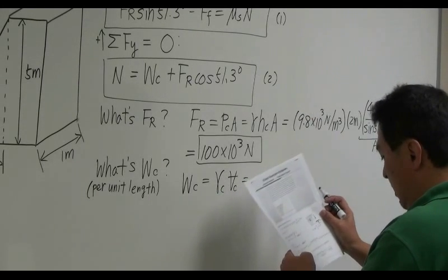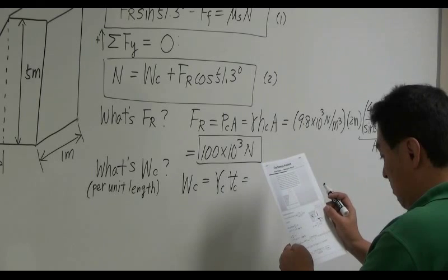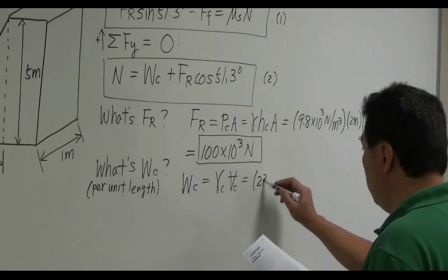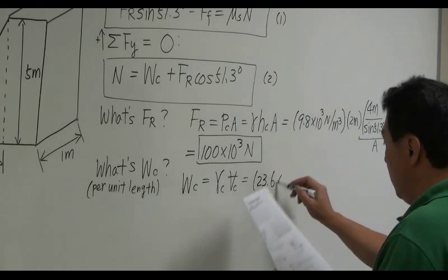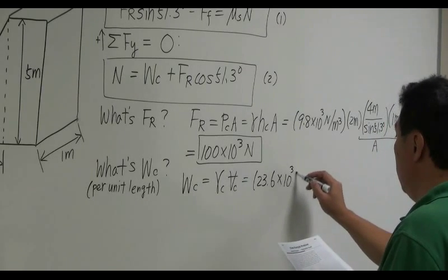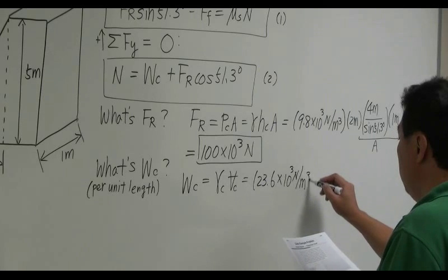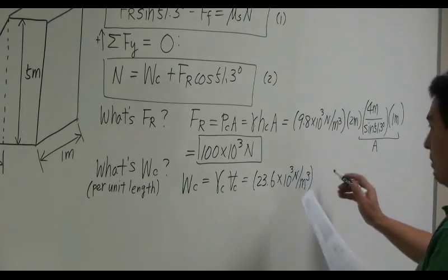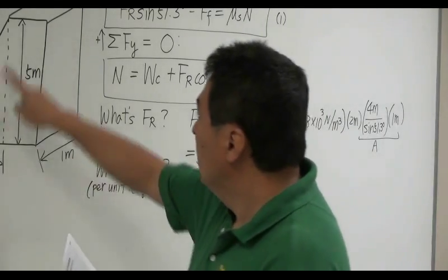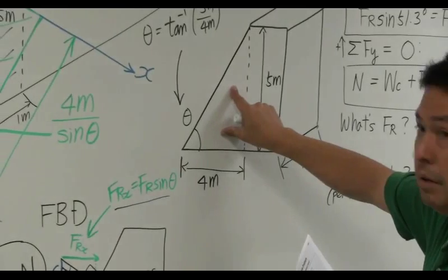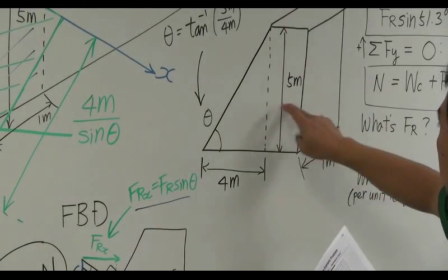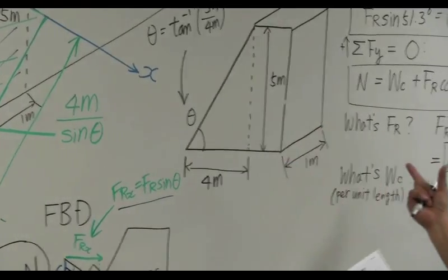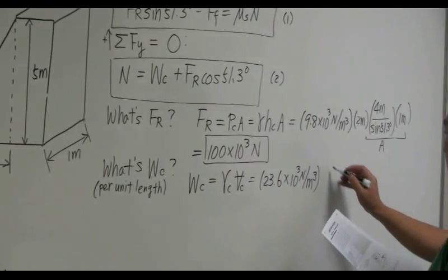This is gamma of the concrete, 23.6 times 10 to the 3 Newton per meter cube. Volume of the concrete per unit length is, of course, you're going to take a look at this triangle area plus this rectangle area added together, multiplied by 1 meter, gets you the volume. Let's do that.